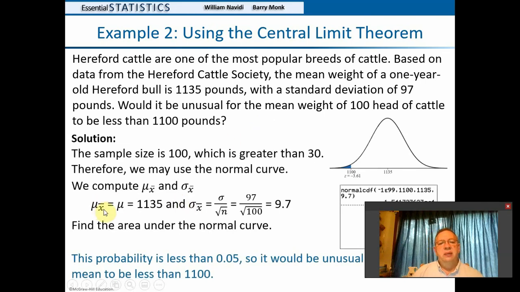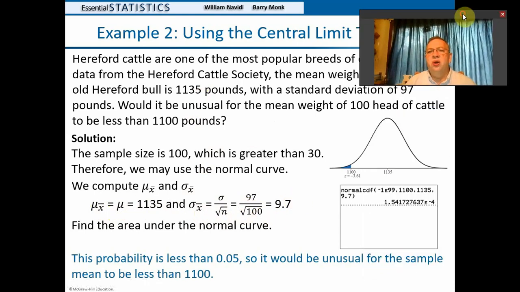The mean of the sample means would be 1135, the same as the population. The standard error of the sample means would be sigma over the square root of n, here the 9.7. We want to know the probability that a randomly selected sample of 100 head of cattle has a mean less than 1100.